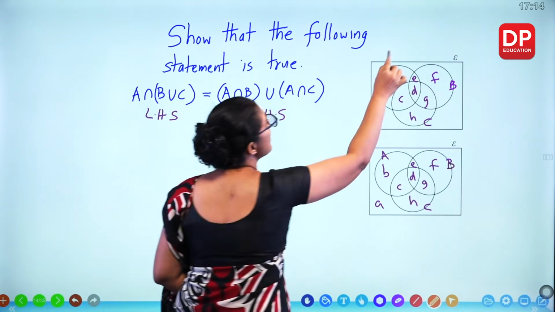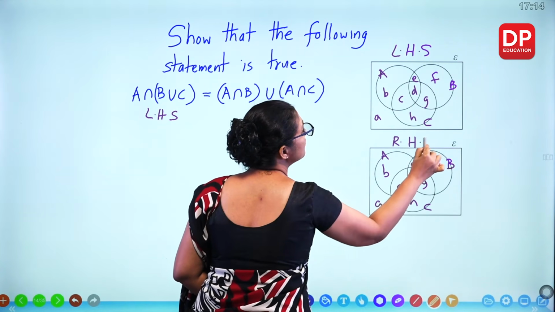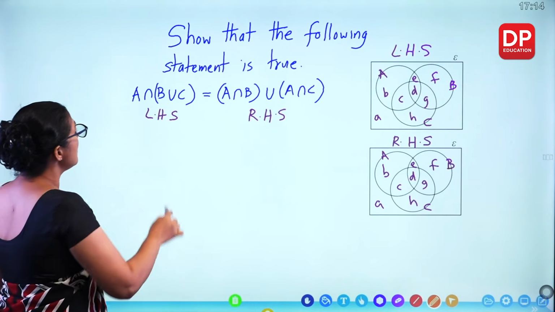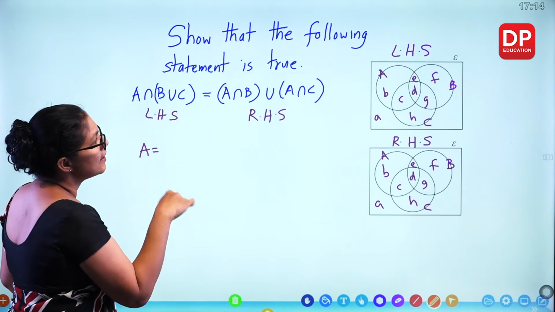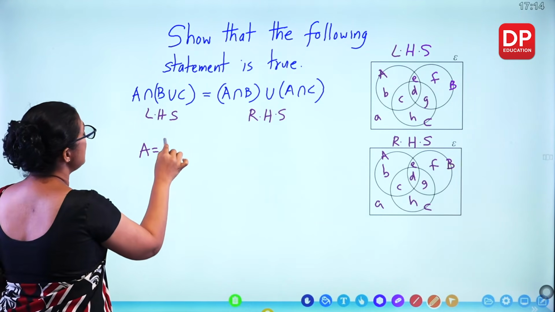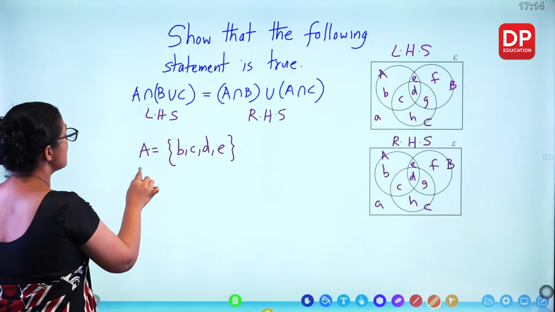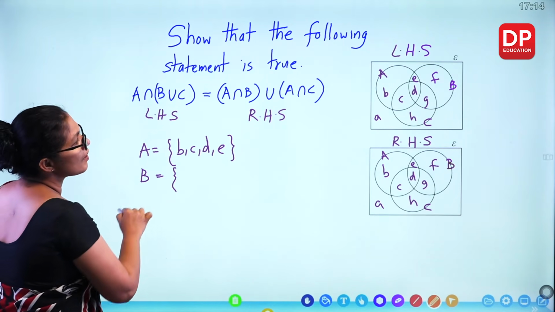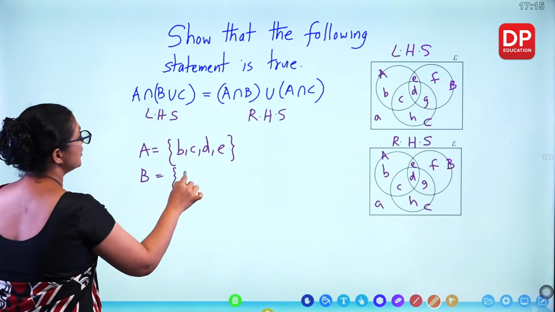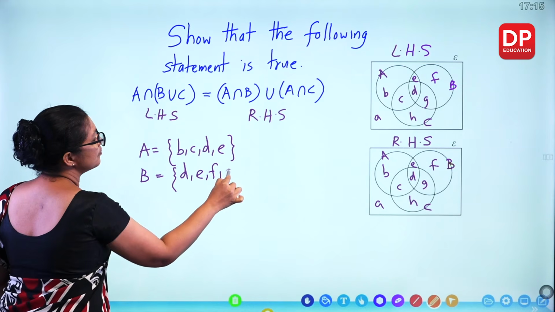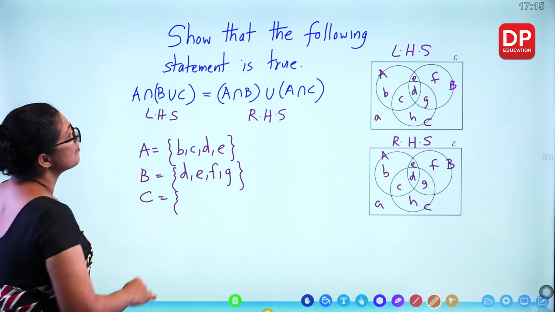Now left hand side. So left hand side I'll try to color in this diagram. This is right hand side. So left hand side, what's A? A is B, C, D, E. What's B? B region is D, E, F, G. What's C region?